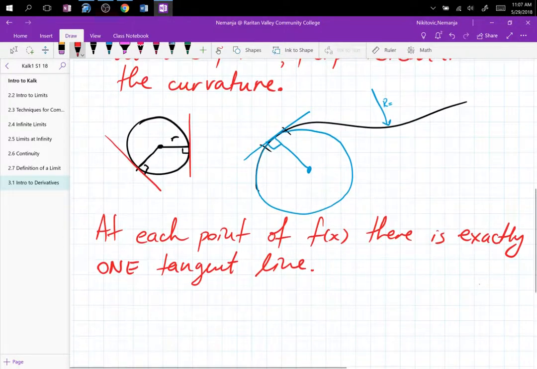And please, tangent line is a linear line, y equal mx plus b. So don't give me answers in x squares and 1 over x's and things like that. So tangent line is linear line. I'll write that as well.